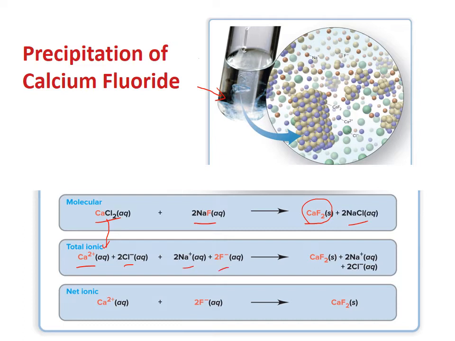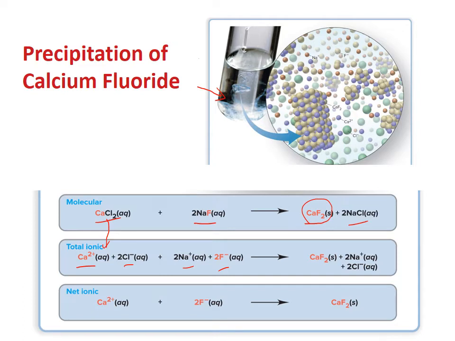and fluoride ion. Now these ions, cations and anions, attract each other, and when this attraction force outweighs the attraction force between the ion and the water molecules, these ions combine and become a solid.